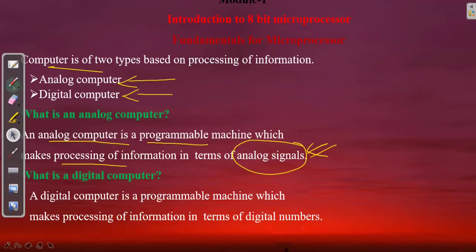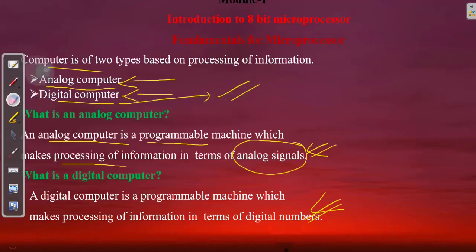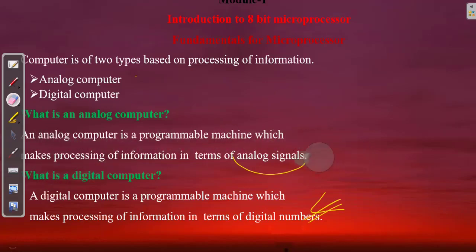That is the only difference. I hope this small definition is clear to everyone. If I ask what is an analog computer and what is a digital computer, I am sure you all can answer if it comes in the exam.